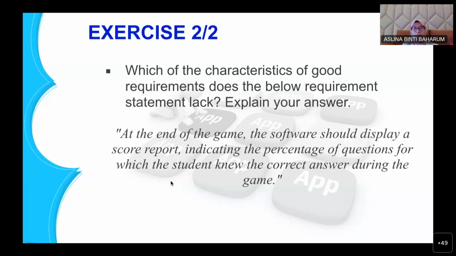Anyone? Wrong is okay, just try your answer. Which characteristic? We have 10 characteristics just now, right? Which one do you think is lacking in this requirement statement?